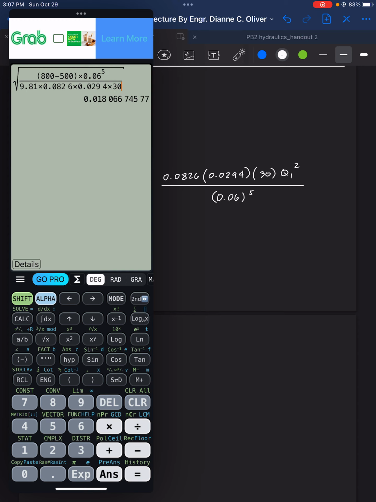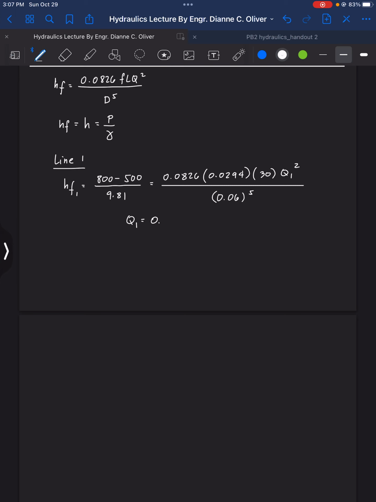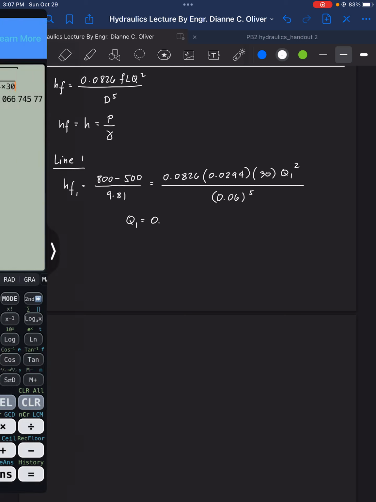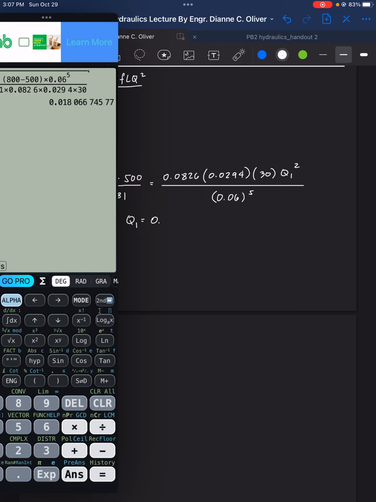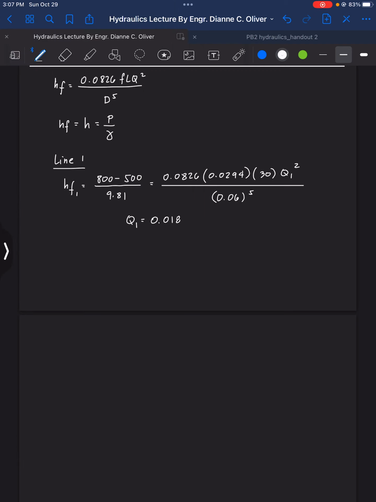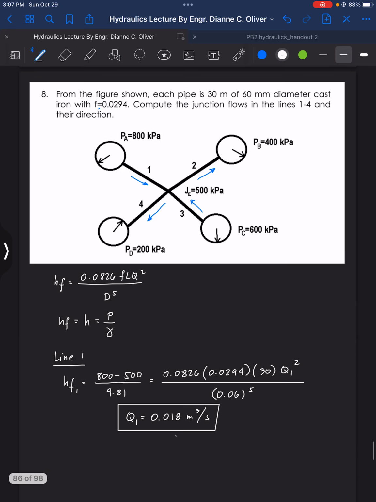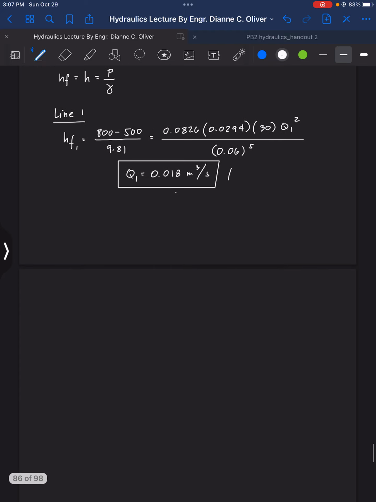So that is 0.018 cubic meter per second. And the direction of flow of this one is towards junction E. Okay. So that is line 1.